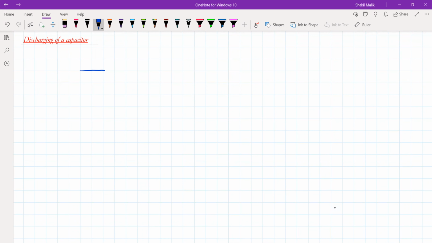Suppose this RC circuit is connected to a source V of S through a switch.